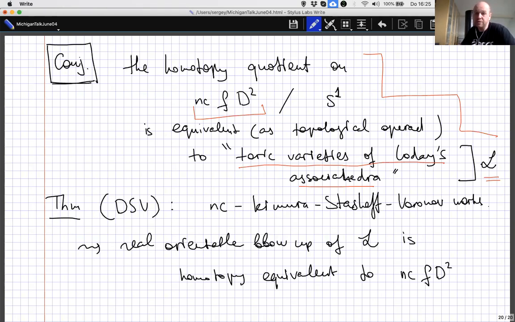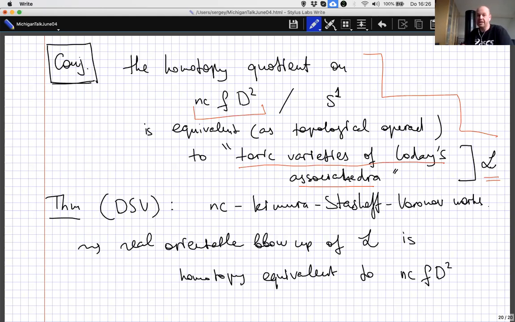But what I know how to prove, because remember there were two statements. One, I said, you can take the homotopy quotient of framed little disks, again the moduli space of curves, right? And another one, you can take the moduli space of curves and apply a real orientable blow up.